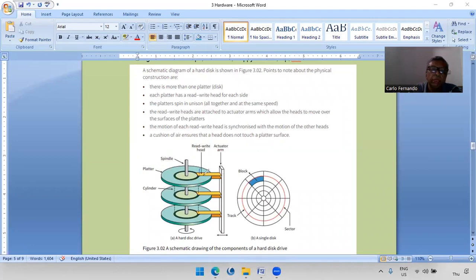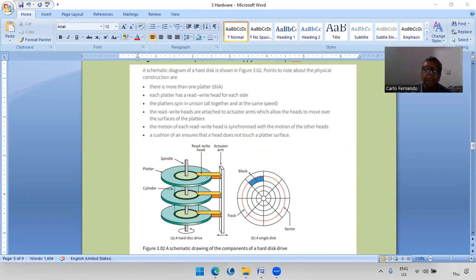So when that rotates so fast, with the air enclosed in a sealed container, this tends to go up a little. The read-write head moves a little bit up above this. It's not touching the surface, just a tiny bit up.